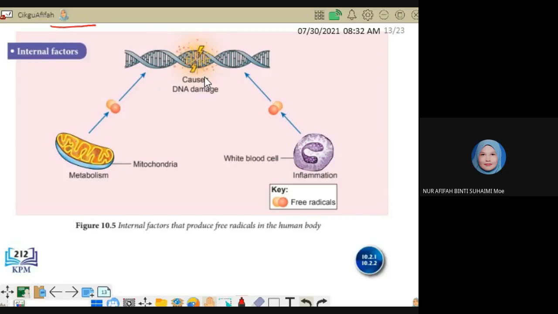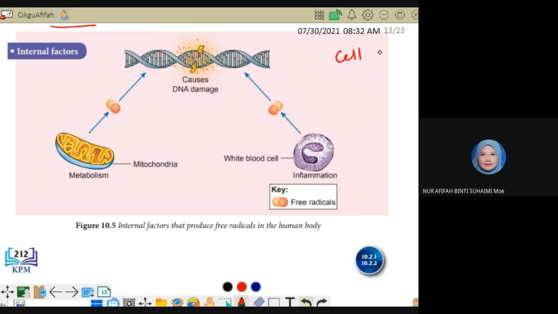So setiap daripada kita punya badan ada sel. So dalam sel ada nukleus. Dalam nukleus ada kromosom. Dalam kromosom ada DNA. Dalam DNA ada gene. So tu yang tu ingat balik. You start with the cell. Kita start dengan sel.